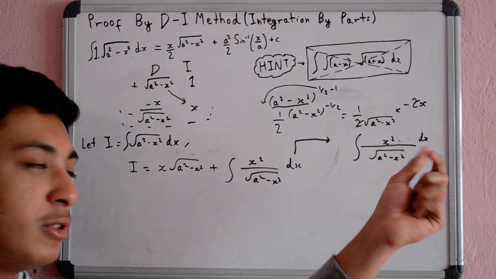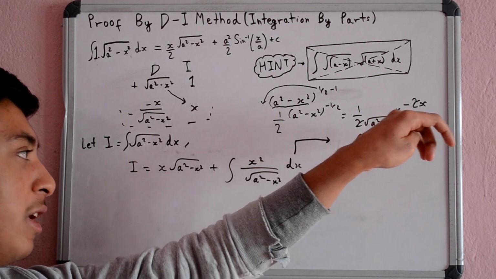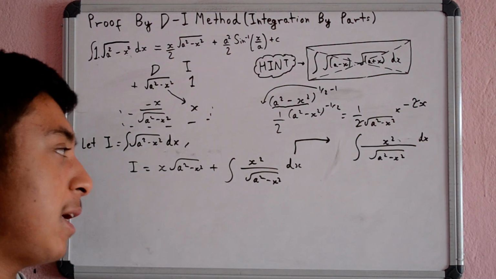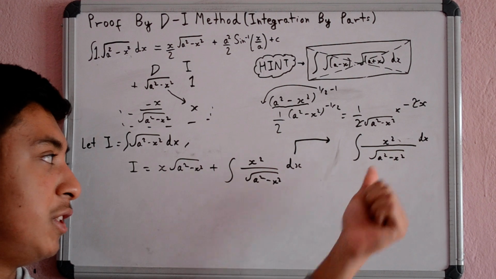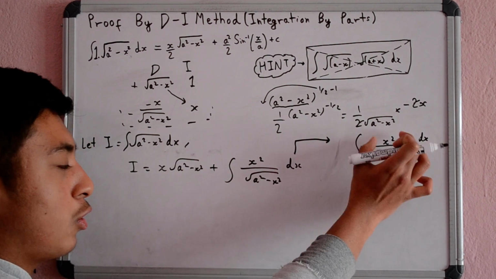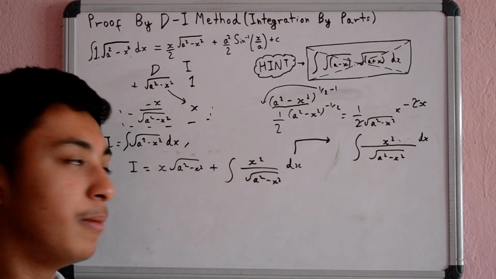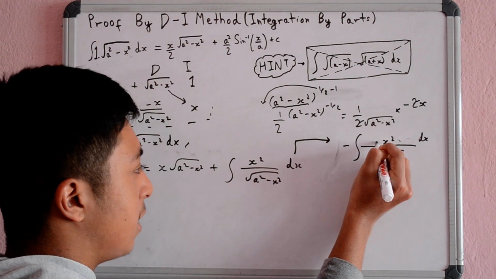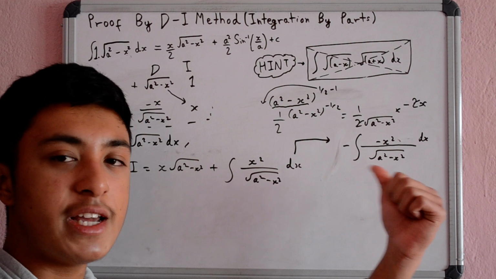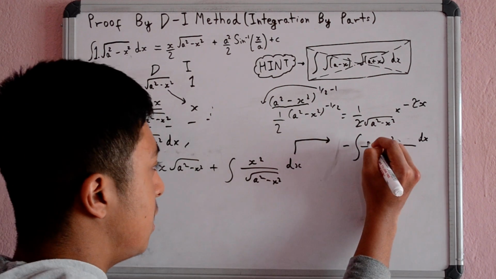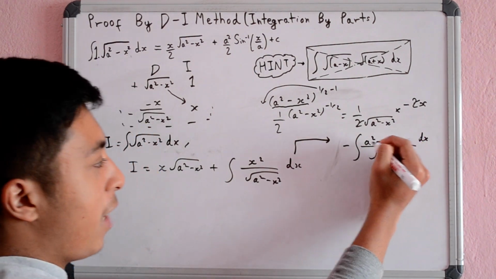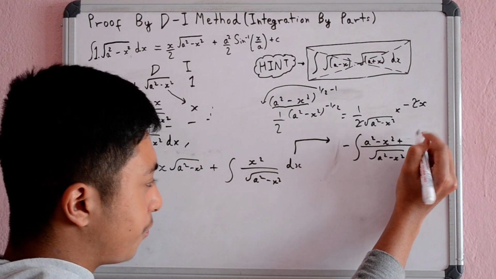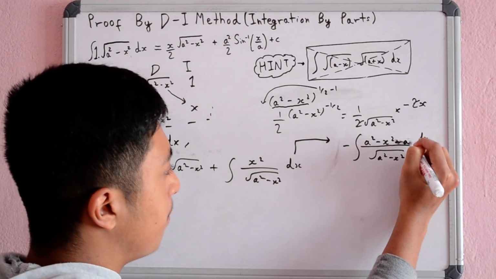You notice I dropped 2 lines because I'm trying to make space for left and right. What I'm trying to do is introduce this bottom part into the top part, namely within the root. So first we need minus x square, so minus minus. And then we need the a square. Since it's just a constant, let's add it. If we add a square, then we need to subtract a square.